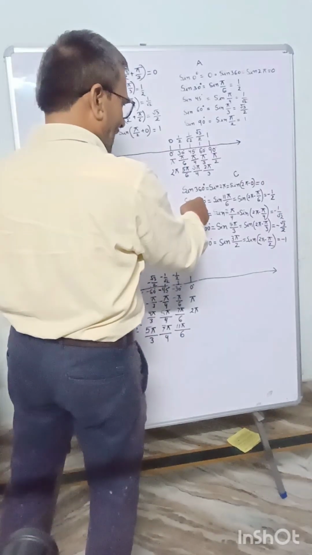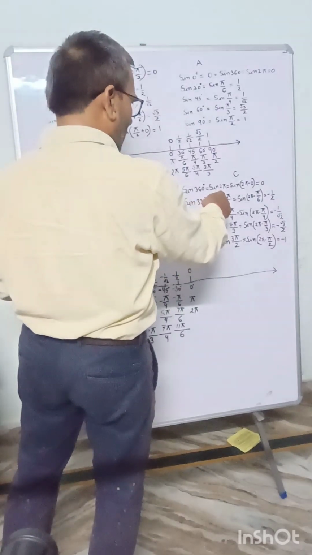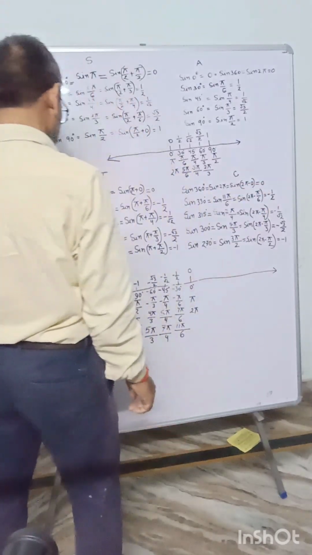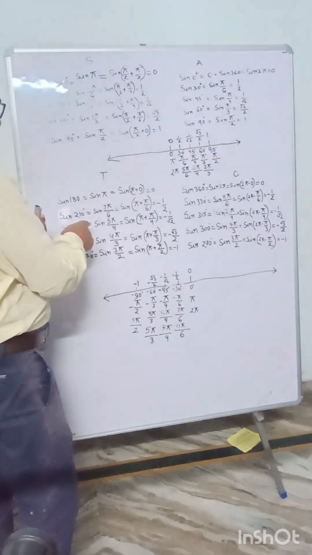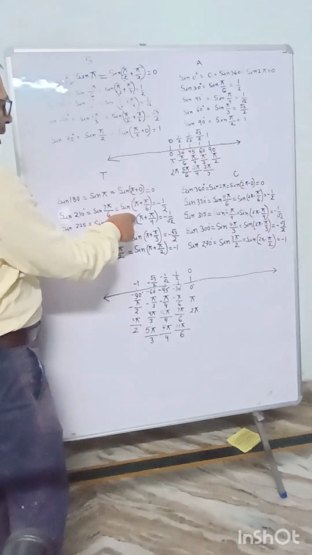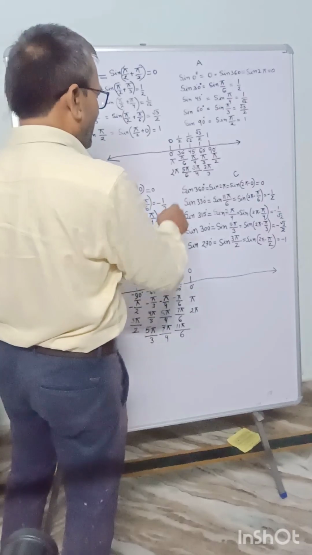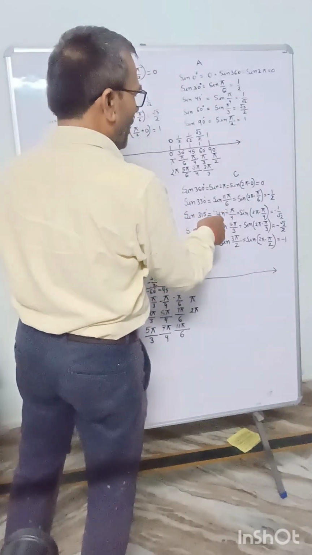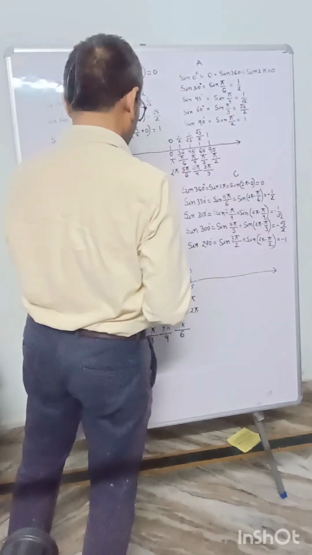Sine 330, that is fourth quadrant, sine 11 pi by 6 is equal to sine 2 pi minus pi by 6 is equal to minus 1 by 2. Sine 225 is equal to sine 5 pi by 4 is equal to sine pi plus pi by 4 is equal to minus 1 by under root 2, having the same value as sine 315 equal to sine 7 pi by 4 equal to sine 2 pi minus pi by 4 is equal to minus 1 by under root 2.